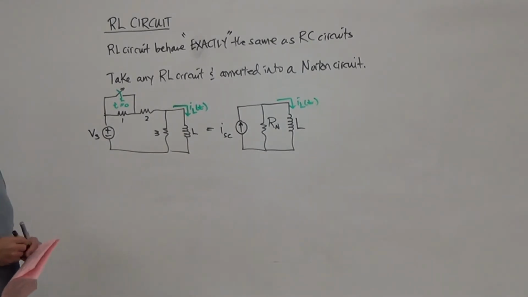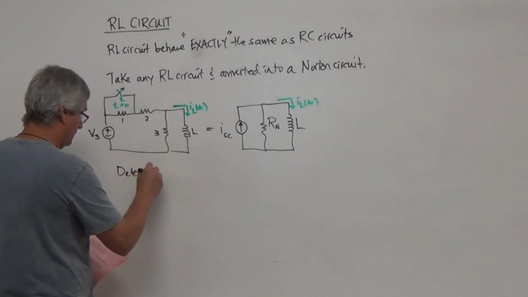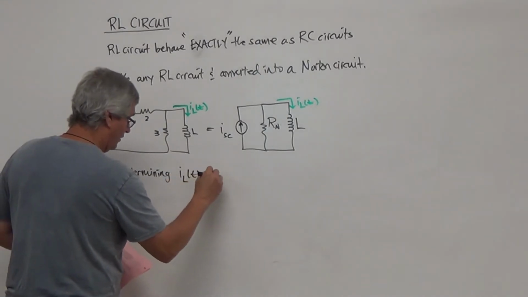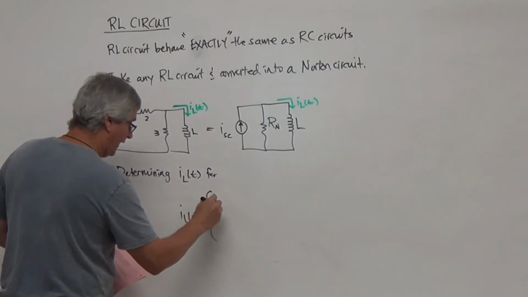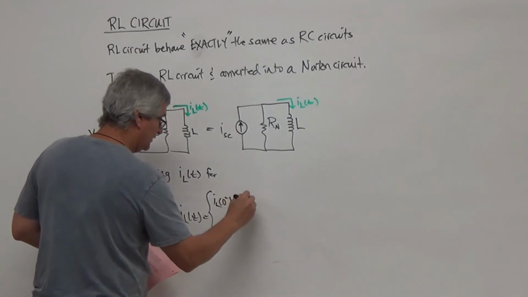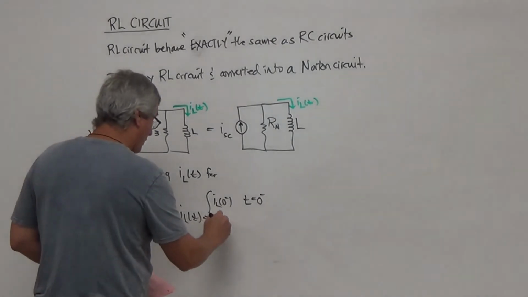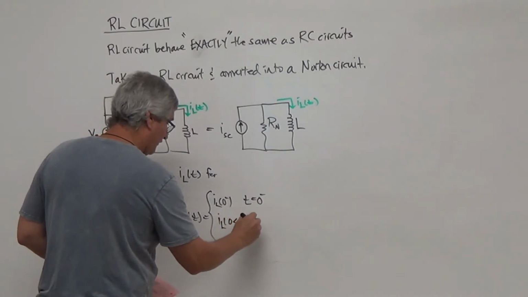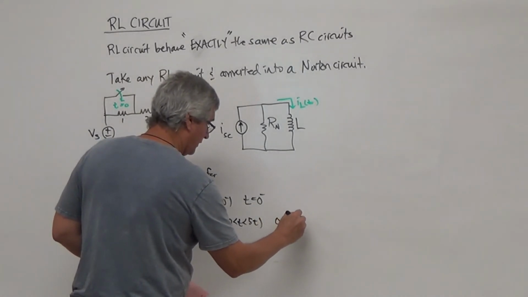So what we're interested in determining is IL of t. We want to know what that value is at 0 minus, just like we did with VC. Then we want to know at 0 to effectively 5 tau. So for this, we're looking at this time right here.